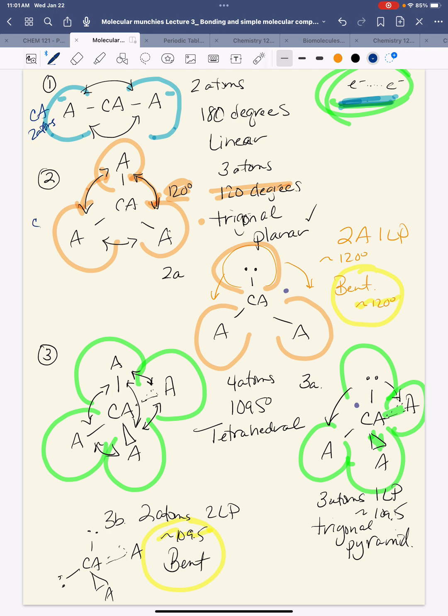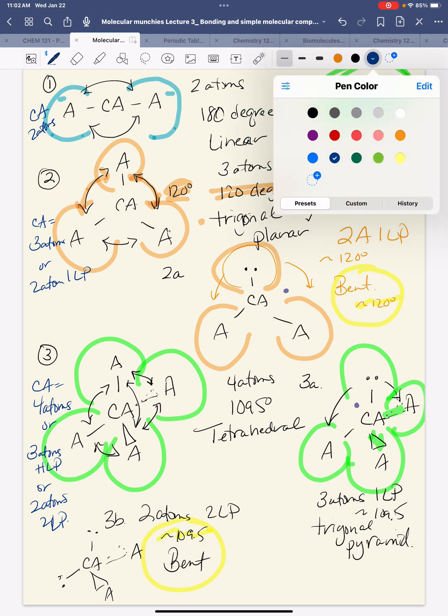This is a central atom with 3 atoms or 2 atoms and 1 lone pair. This one is a central atom with 4 atoms, or 3 atoms and 1 lone pair, or 2 atoms and 2 lone pairs.